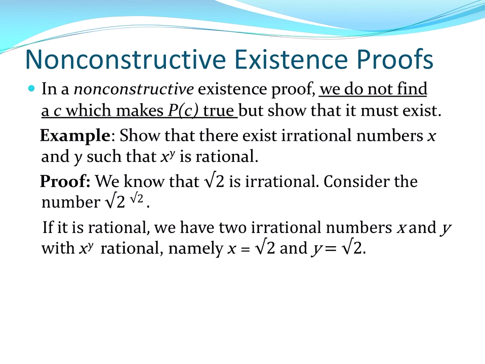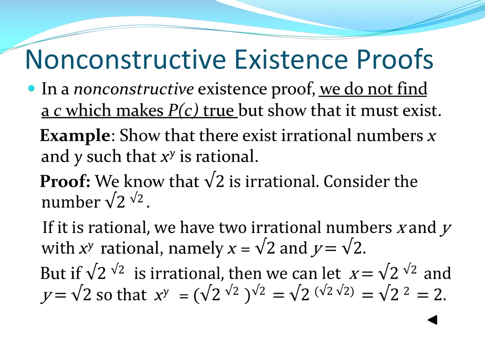On the other hand, if it is irrational, we can raise that number to a power. We'll say that x is equal to that value. We'll continue to have y be square root of 2, so that the square root of 2 raised to the square root of 2, itself raised to the square root of 2, equals the square root of 2 squared, which is, of course, 2.